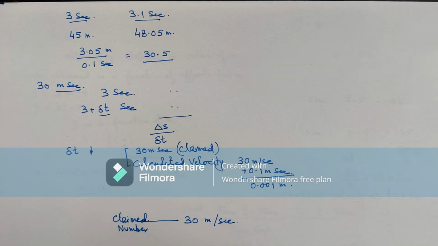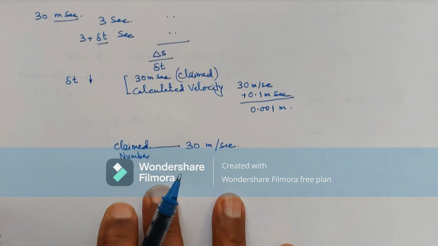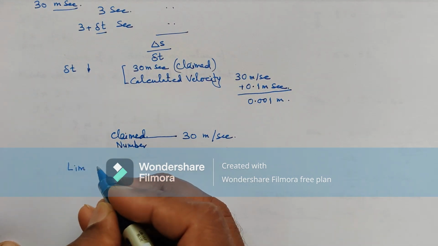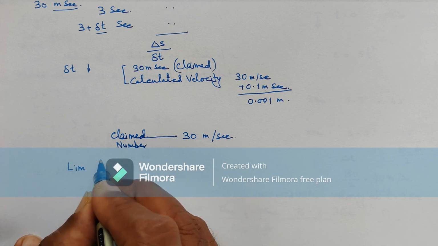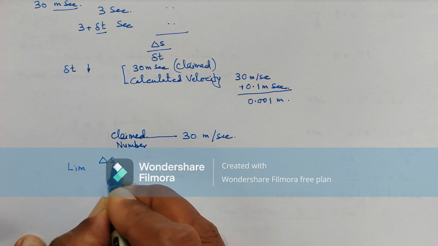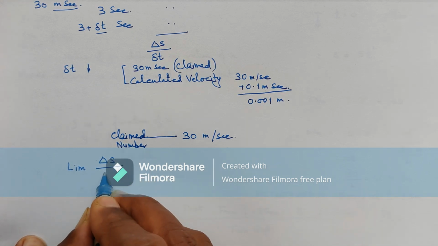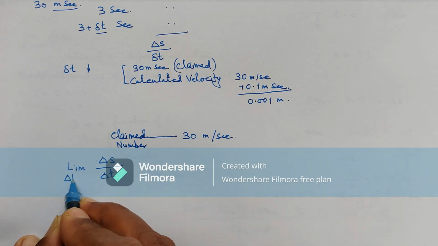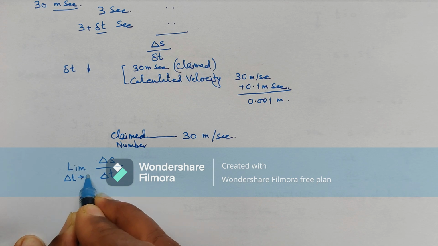If this is what I can prove, then this is called the limit of delta s, distance traveled, divided by delta t, time gap, as delta t approaches 0.